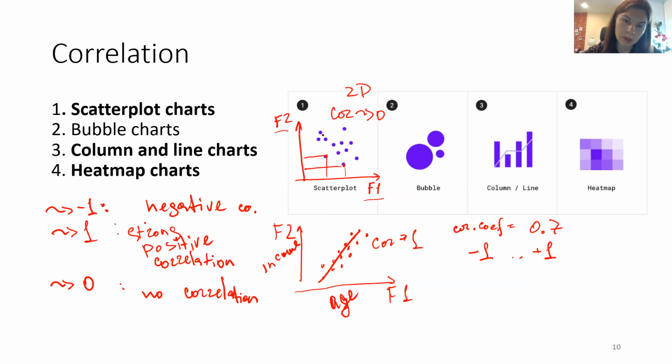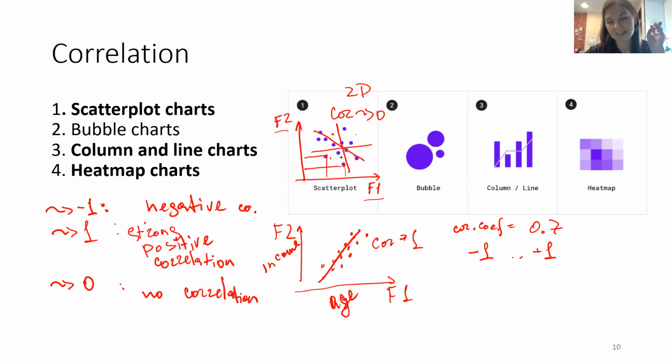Yes, we may try to construct here some line that represents the tendency in the data set, but actually we divide our data in four parts and calculate values in these four areas.